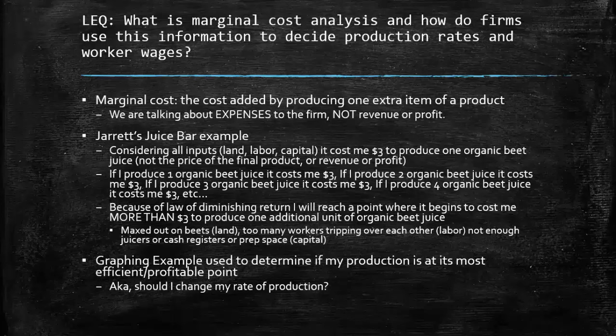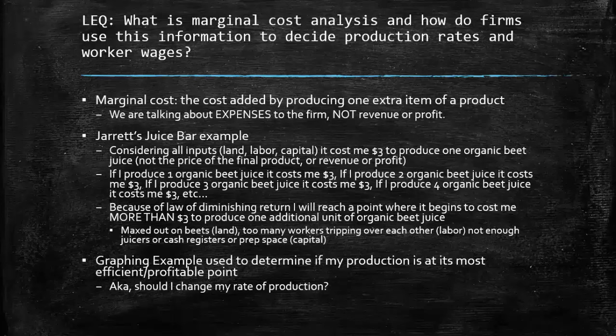Here we go. Considering all inputs, land, labor, and capital, it costs me $3 to produce 1 organic beet juice. That's including paying my laborers, paying my rent, buying the beets themselves, and so forth. If I produce 1 organic beet juice, it costs me $3. If I produce 2, it costs me $3, and so on.